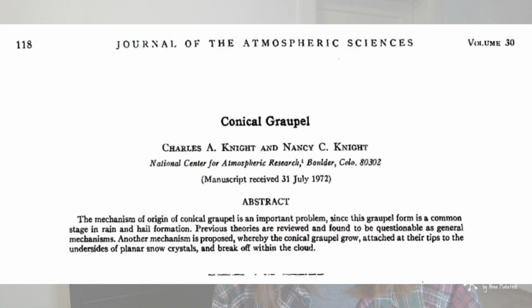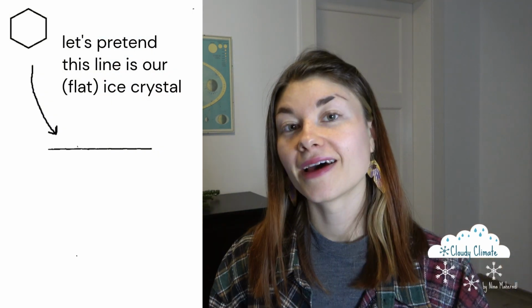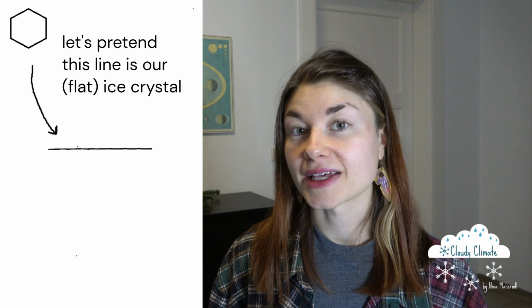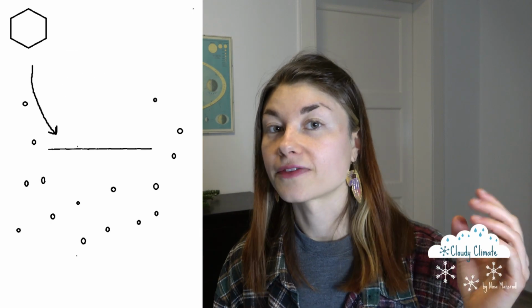There is a suggestion from a rather old paper, I think from 1972, which goes like the following. You start from a plate-like ice crystal, which falls kind of horizontally due to the aerodynamics and is exposed to an air mass where you have liquid droplets.